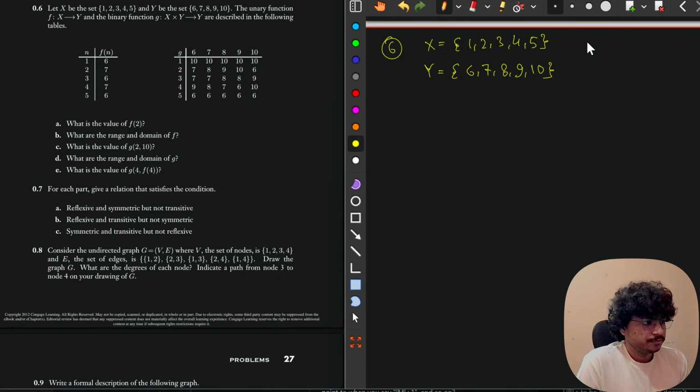We have a function and we have another function.